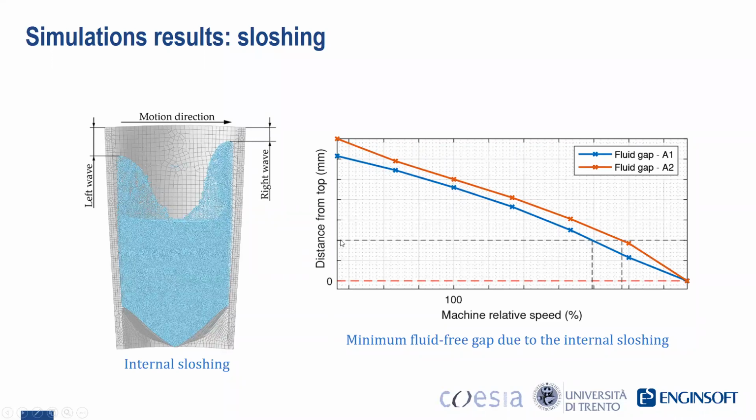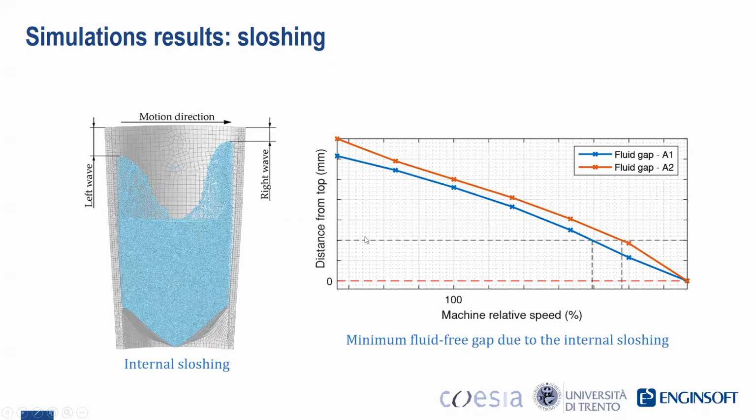So if we set a distance from top that is maximum allowed here, let's say 5 millimeter, I'm just saying a random number, of course, we can evaluate the effect, in this case, of the opening on the maximum height of the fluid.